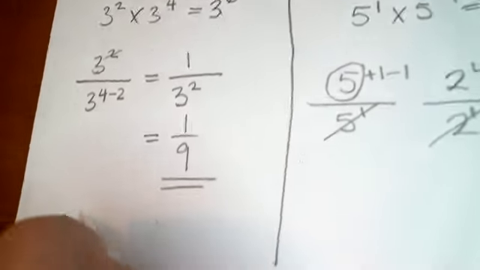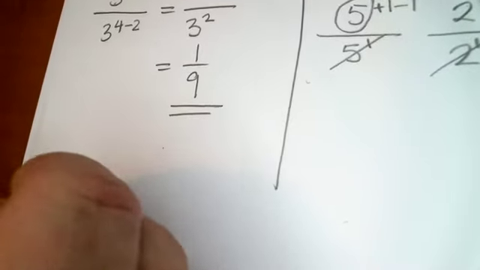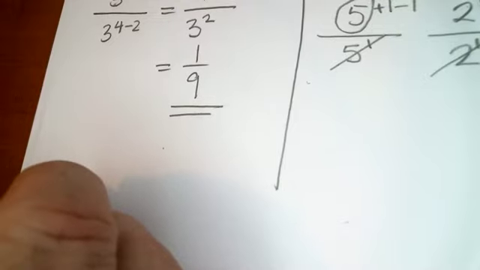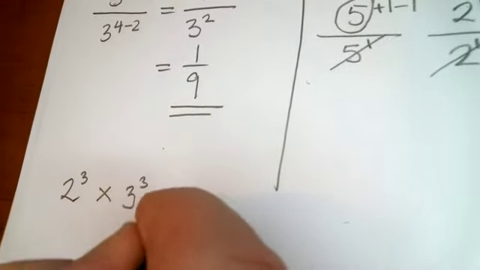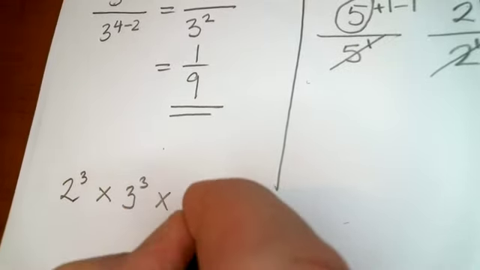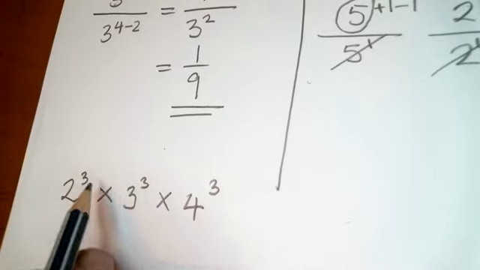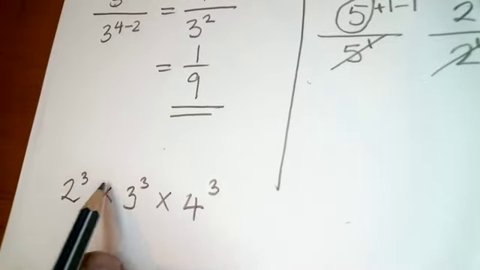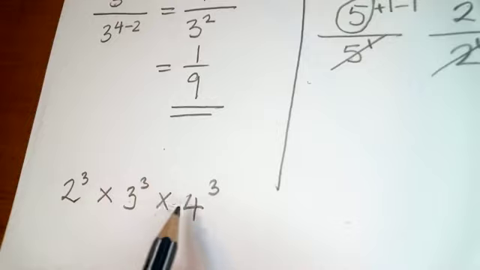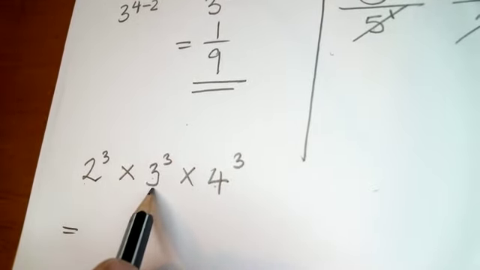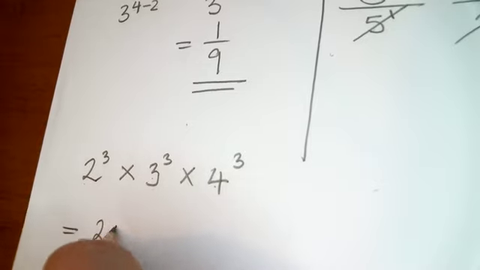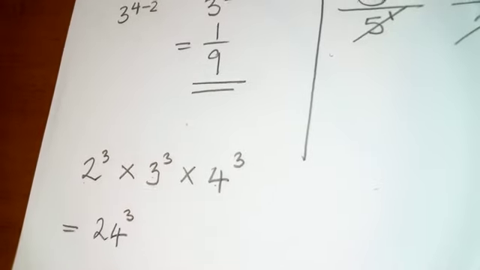So for example, if I had 2 to the power of 3, and 3 to the power of 3, and 4 to the power of 3, the powers are the same. I can leave the power and just multiply the bases. So that's going to be 2 times 3 is 6, 6 4s are 24, to the power of 3.